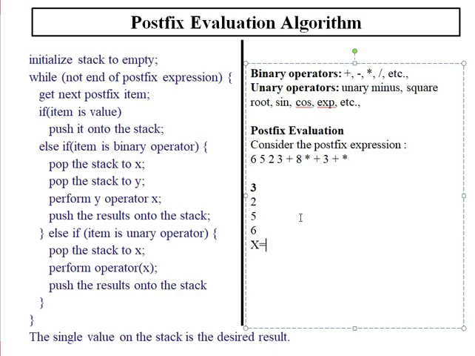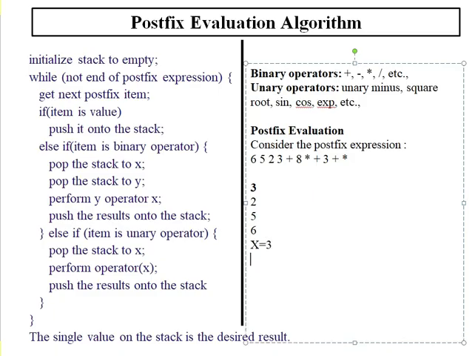So x will be assigned the value topmost element. So we should apply pop operation on the stack content currently 3, 2, 5, 6. So when we are applying the pop operation on the stack content, the first element, that is the topmost element, is 3. So x is 3.